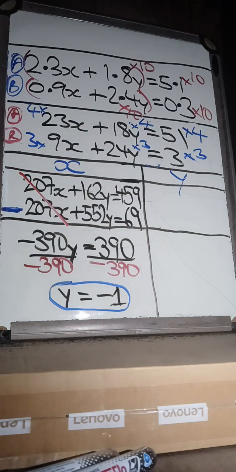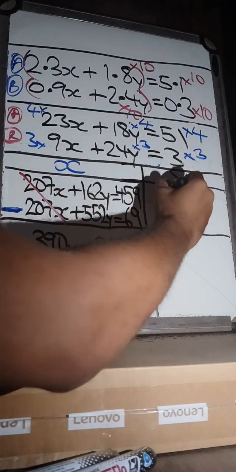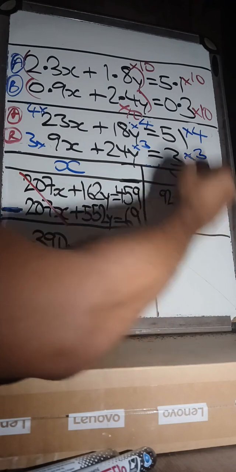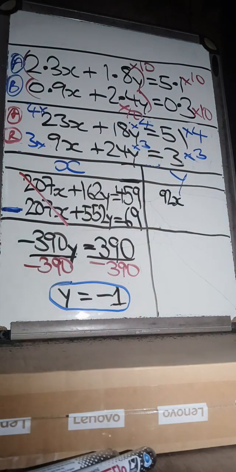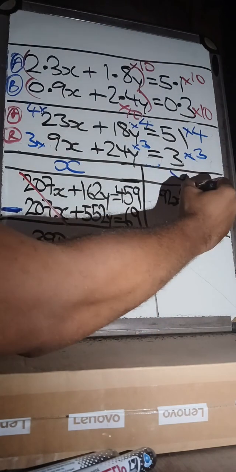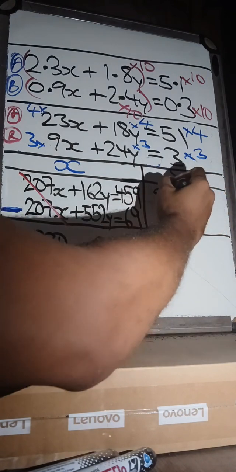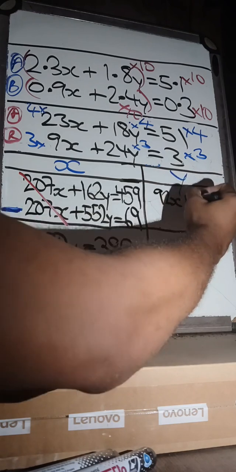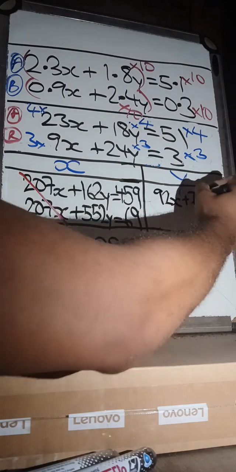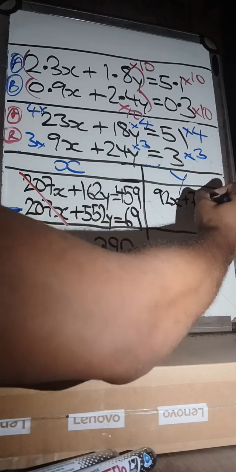Alright, so 23 plus 23, 46 plus 46, so that's 92. So we'll have a 92x right there. This is now a 72y.